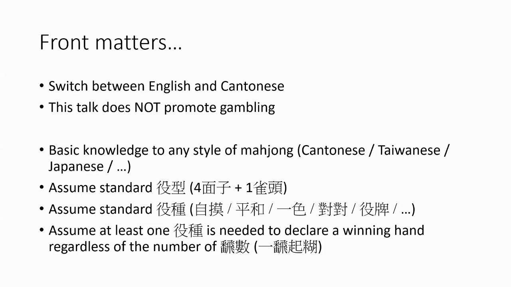So we will try not to consider weird stuff like 七對子 or maybe 13腰, things like that, okay? We try to keep things simple, okay? And for this talk, we also assume that only 1 逆種 is needed to declare a winning hand. By saying 1 逆種, it essentially means 一番起胡, okay?